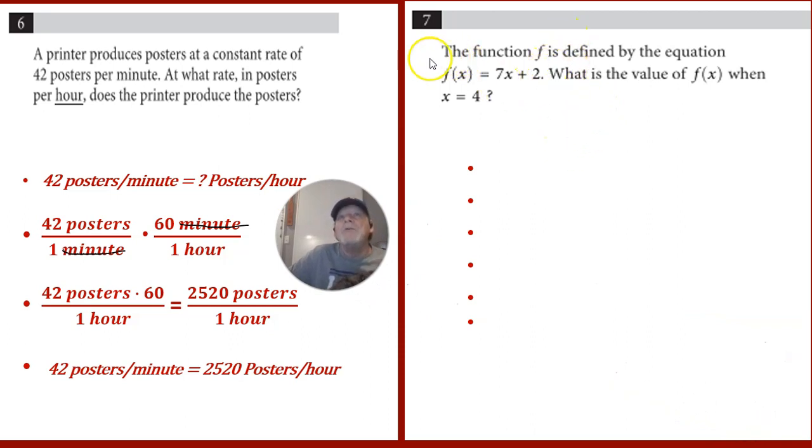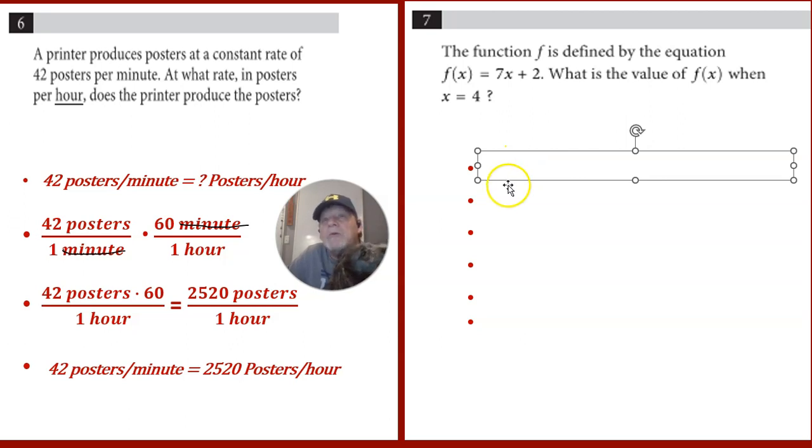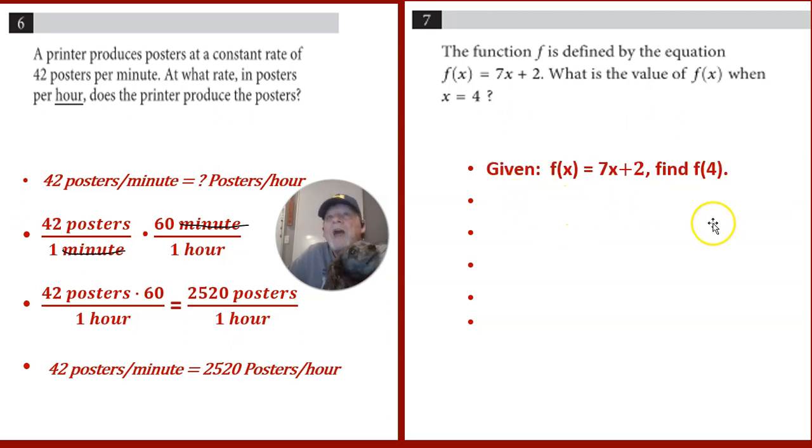All right, so on number 7, the function f is defined by the equation f of x equals 7x plus 2. That's called function notation. What's the value of f of x when x equals 4? So when it asks you to do that, all you're going to do is find f of 4.